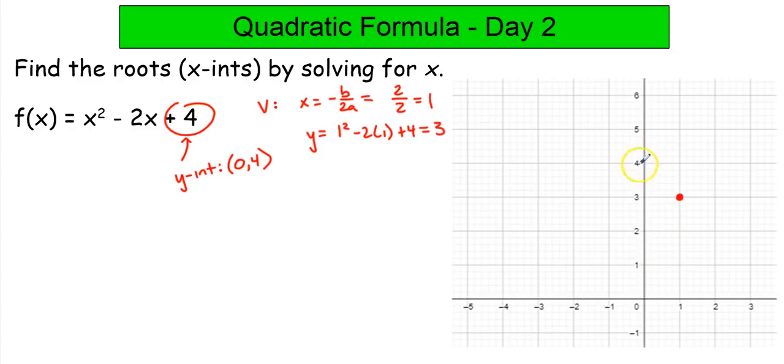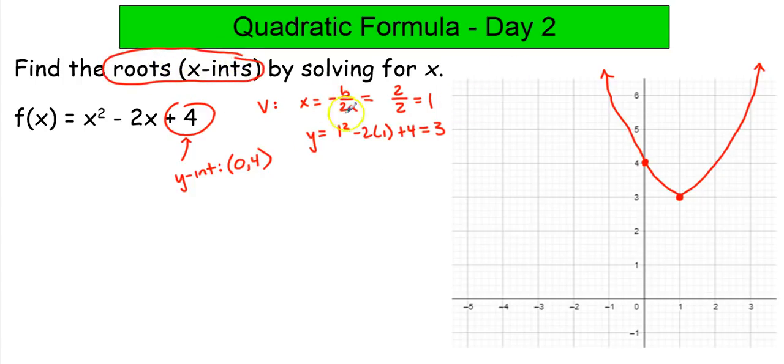So I go 0, up 4. So my parabola looks something like this. And then it looks exactly the same on the other side. Something like that.